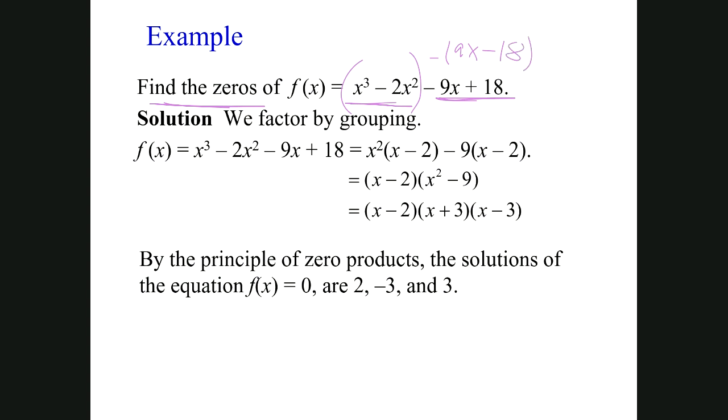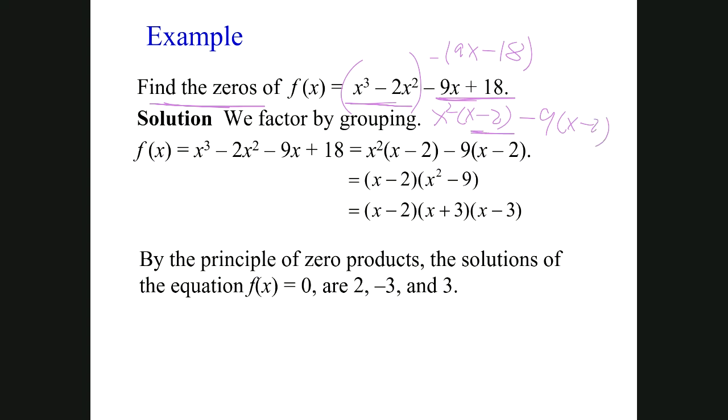I pull my negative 1 out, this will be 9x, and then this will become negative 18, and I can do a little bit of factoring in here, right? So the common factor here will be x squared, and then we have x minus 2 in here, right? And then minus this inside, I can pull 9 out, and then I have x minus 2 in here, okay? All right, so now we have x minus 2 in common.